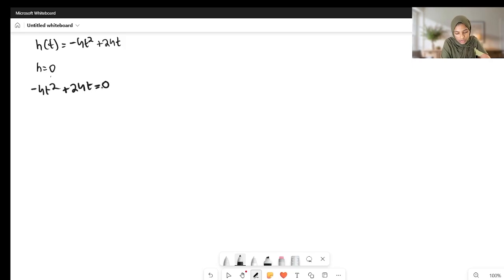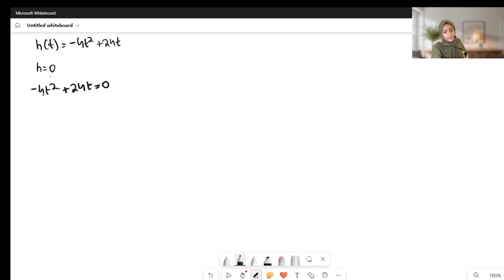Now, like we did before, we need to take out the common factors and expand it. So here we can take minus 4t because minus 4t is common in minus 4t square plus 24t.